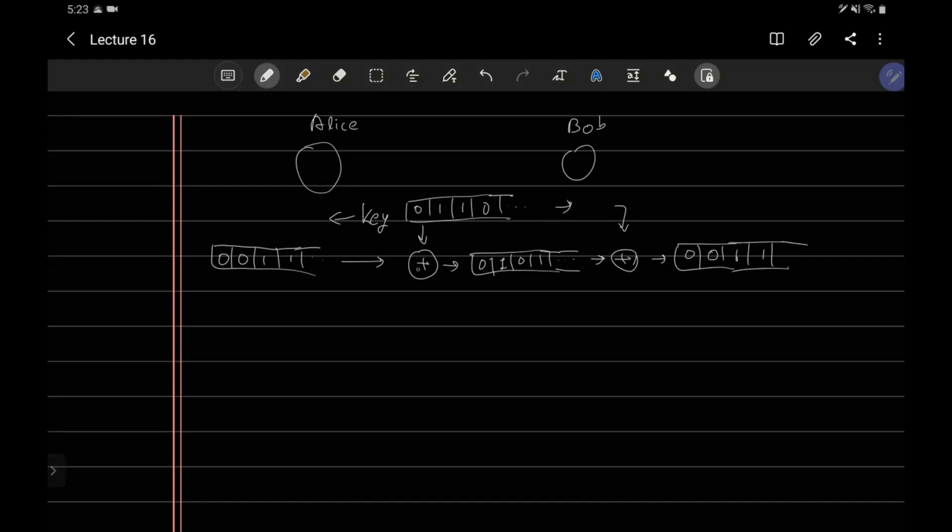By doing the XOR operation twice with the same secret key, you can recover the original message. If there is any eavesdropper, the eavesdropper cannot tell what the original message was, even if they have the full encrypted message.